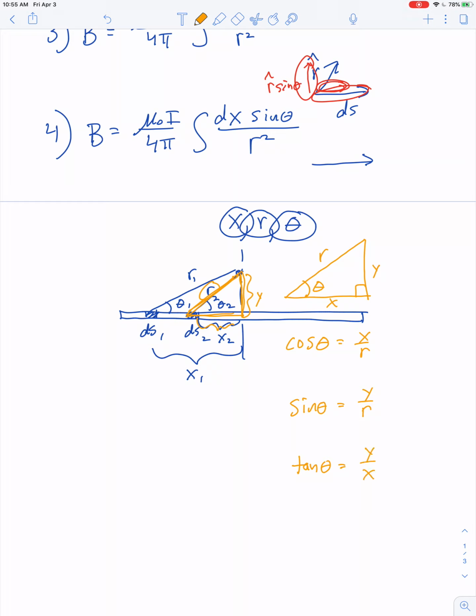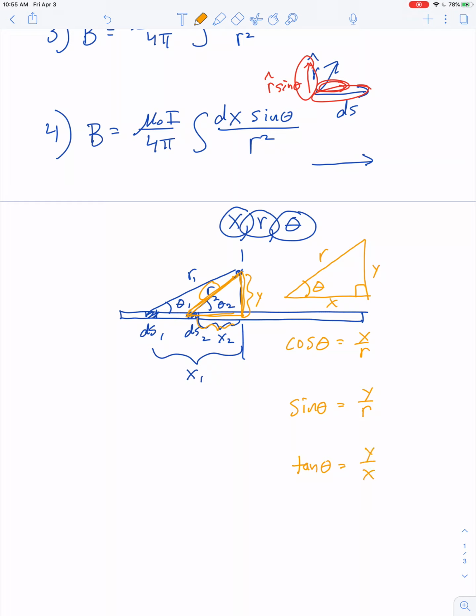I'm going to rely on the fact that the only thing that's constant for the different indicated ds values is the value of y. X, r, and theta all differ, but y is the same. So we can use that to get everything in terms of one variable, and that variable will be theta. Let's rearrange: r is equal to y over sine theta when we cross multiply.